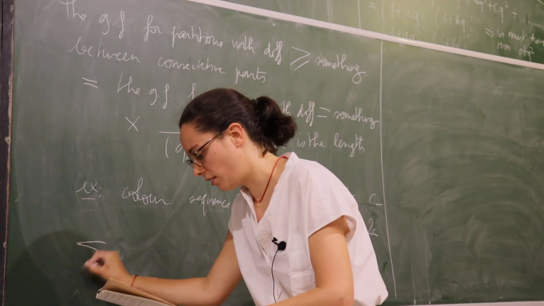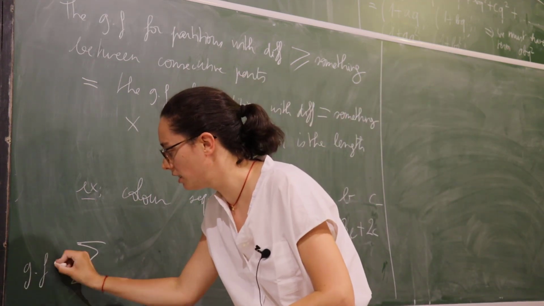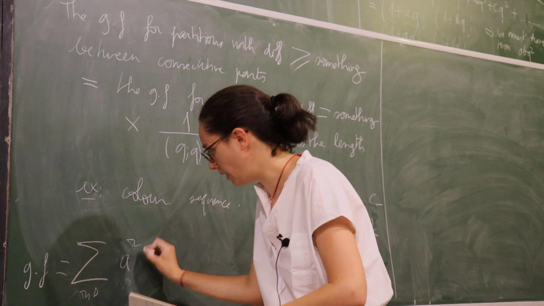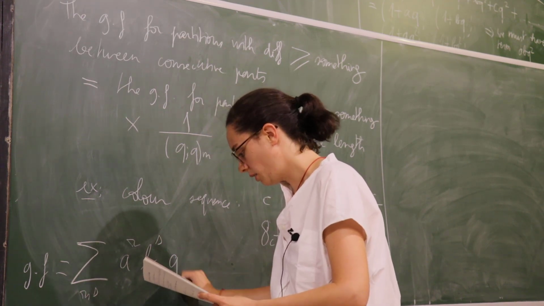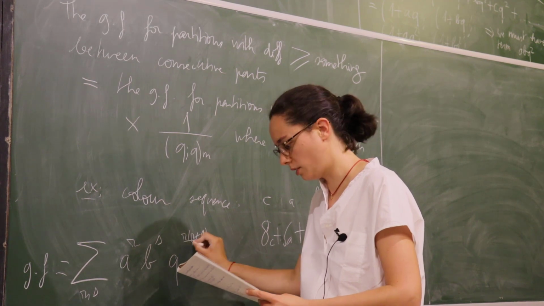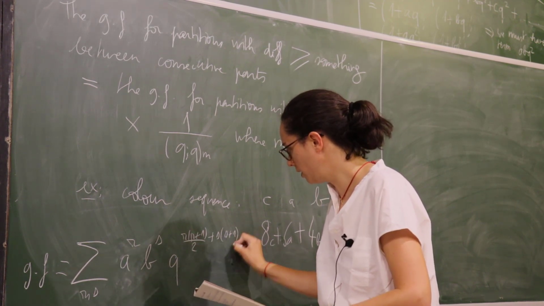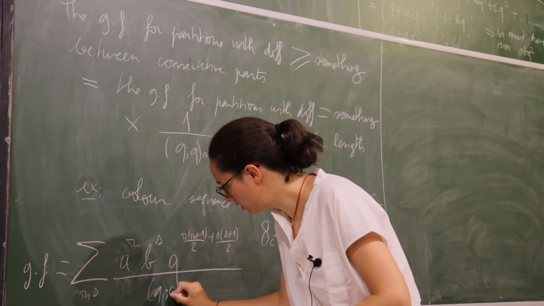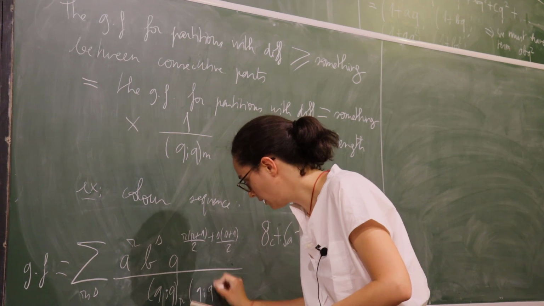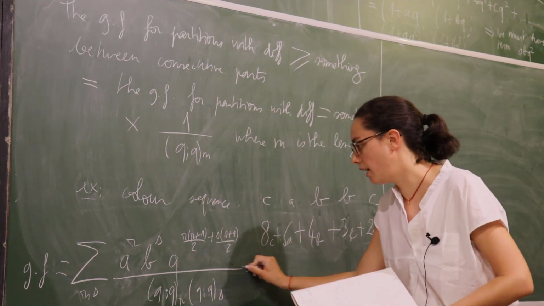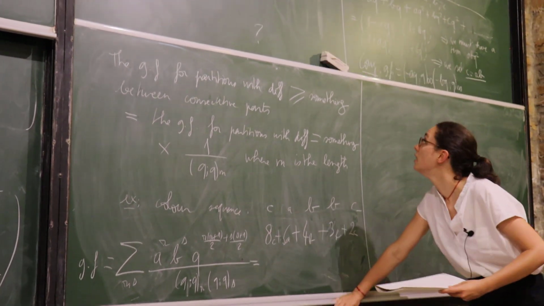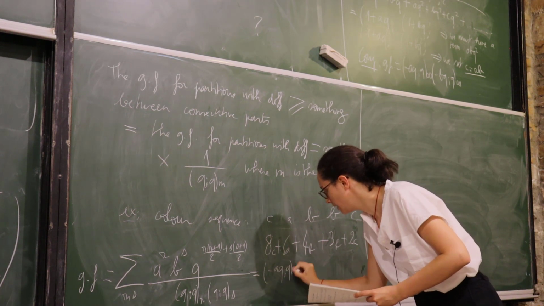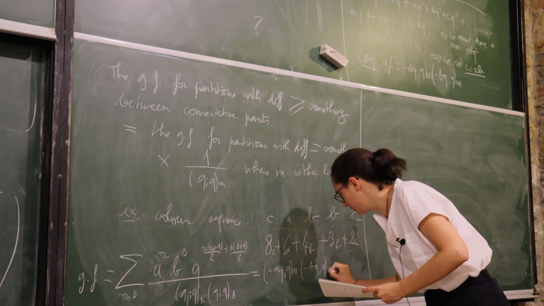So, for example, here they show that the generating function is equal to the sum over r, s of a^r b^s q^(r(r+1)/2 + s(s+1)/2) divided by (q;q)_r (q;q)_s. And they show that it is the infinite product that I have conjectured there: (-aq;q)_infinity (-bq;q)_infinity.